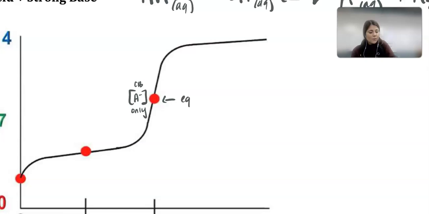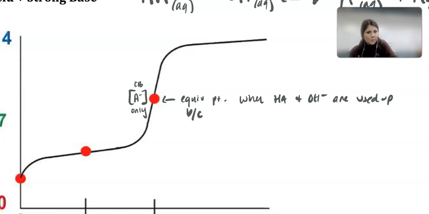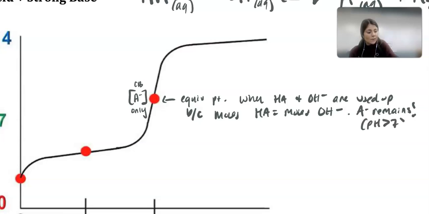So here at equivalence point, when HA and OH minus are used up, because moles of HA equal moles of hydroxide, A minus remains. And so here that is going to cause a pH that will be greater than 7.